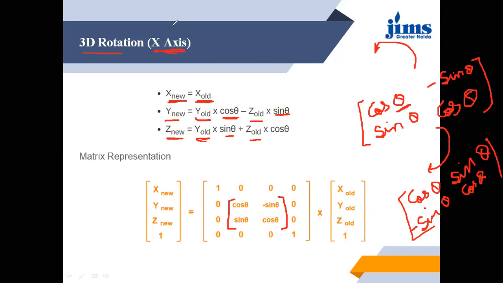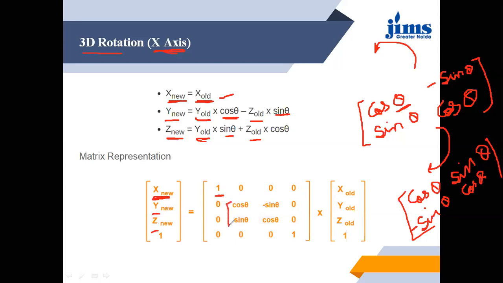Let me erase it first so that it will be more clear. Over here you can see that when we are rotating with respect to the x-axis, the value of x is the same. This is x multiplied by x old, so x new equals x old, and we are changing the values of y and z.